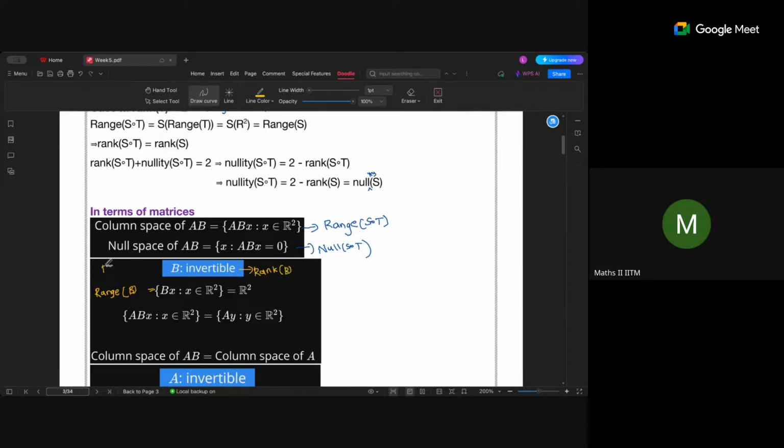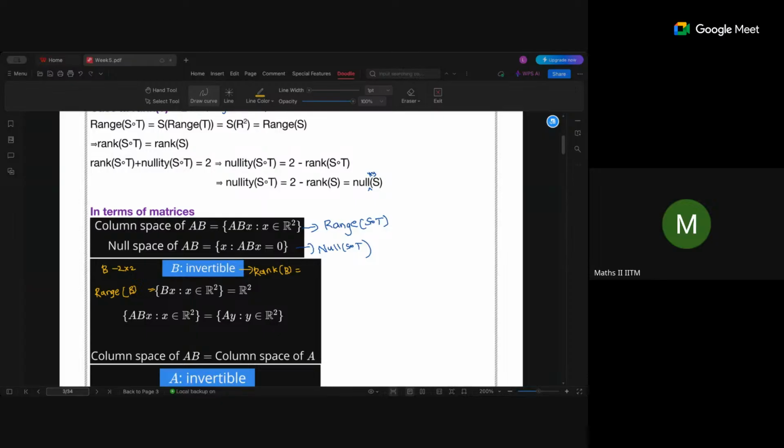B is a 2 by 2 matrix and B is given to be invertible. So what should be the rank of B? Invertible means what is the determinant? Determinant should not be equal to 0.